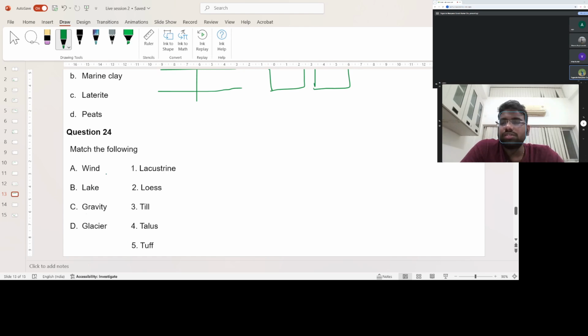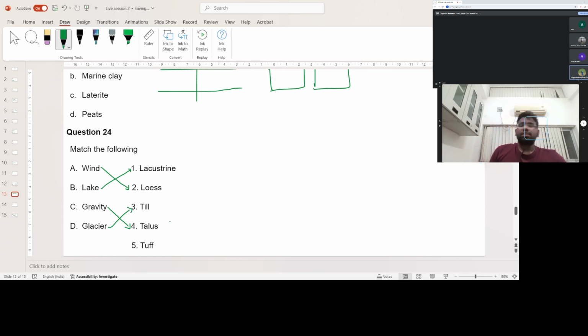So wind, we have discussed a lot of times, it is loess. Lake, we have discussed in some questions before, it is lacustrine. Gravity, it is talus, and glacier, it is till.